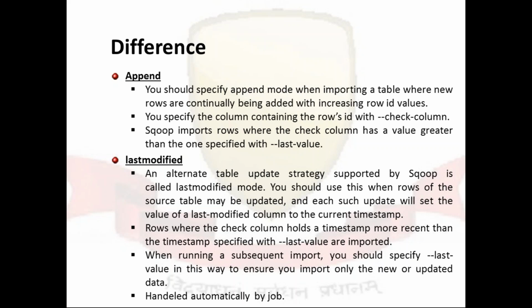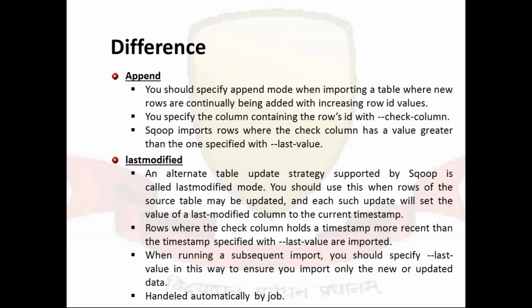Then in case of last modified, an alternate table update strategy supported by SQOOP is called last modified mode. You should use this when rows of the source table may be updated, and each such update will set the value of a last modified column to the current timestamp.